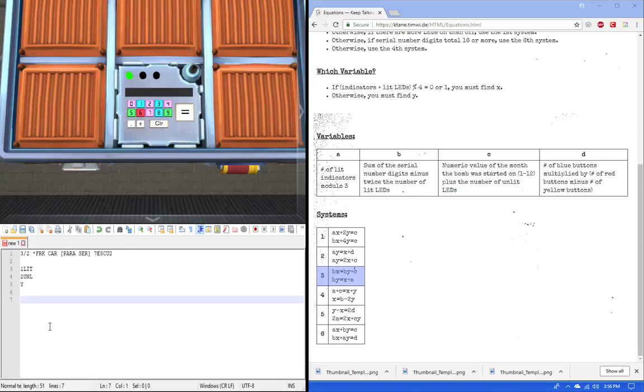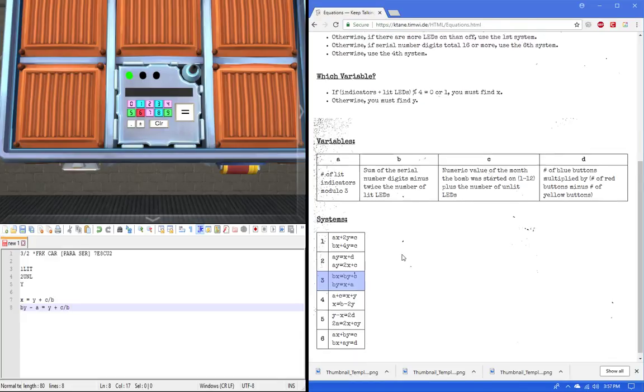So X equals B divided by Y, then plus C divided by B. Then I have BY minus A equals X. That should be it. So we set each other equal.